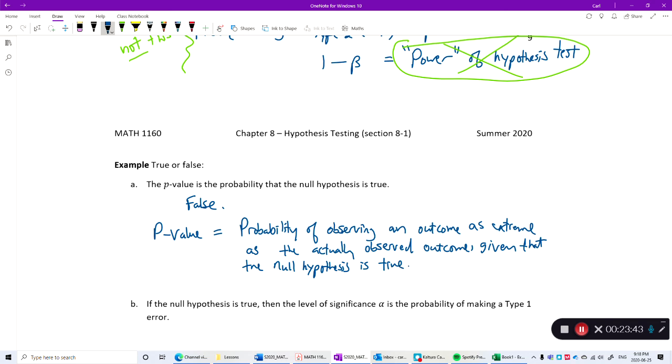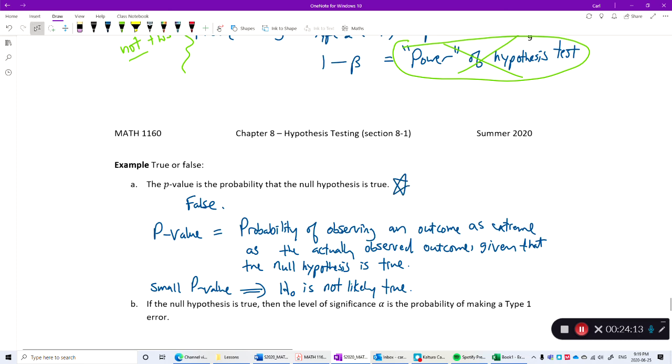And so if we have a small p-value, a small p-value actually means that the null hypothesis is not likely true, which is consistent with this interpretation, but it's not the right interpretation.